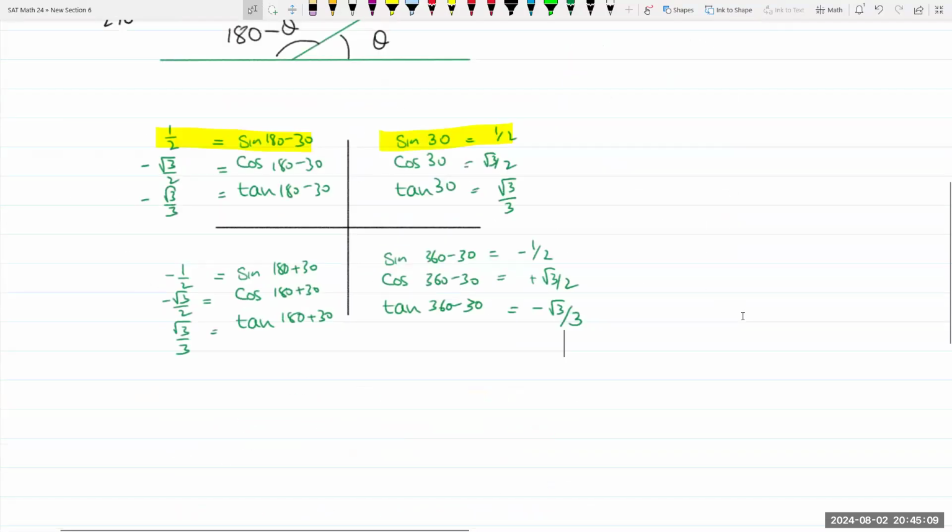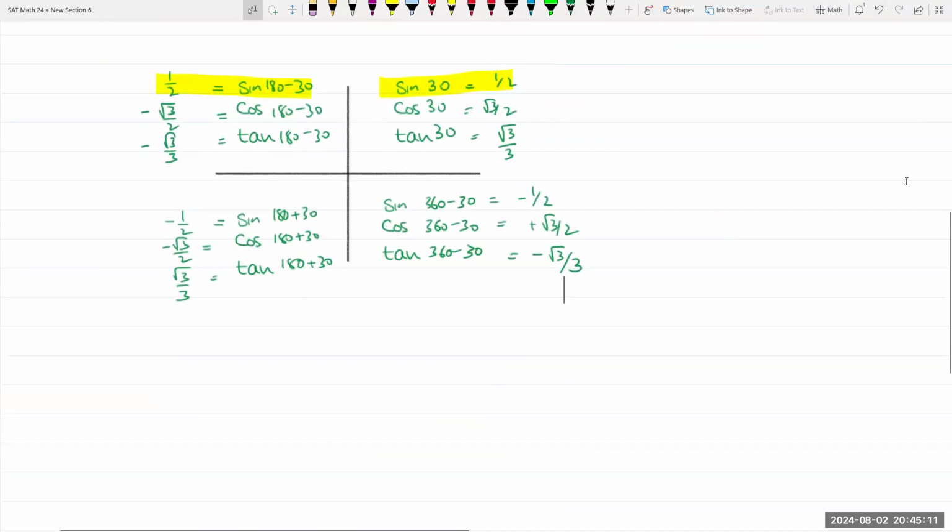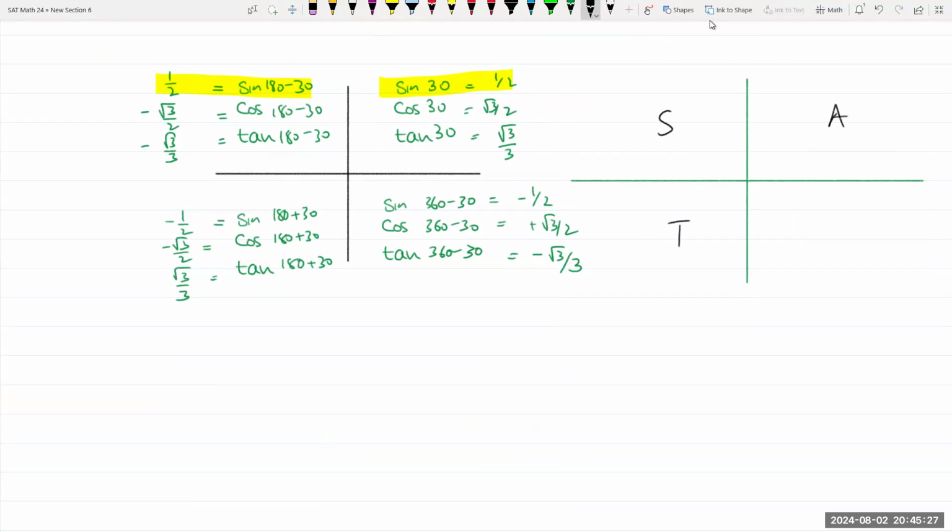What you need to worry about is perhaps these relationships. What relationship? Tan with the A, with the S, with the T, with the C. With the A and the S, check this out. Sine theta is the same as sine 180 minus theta.